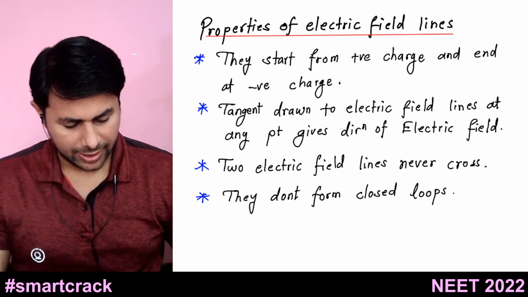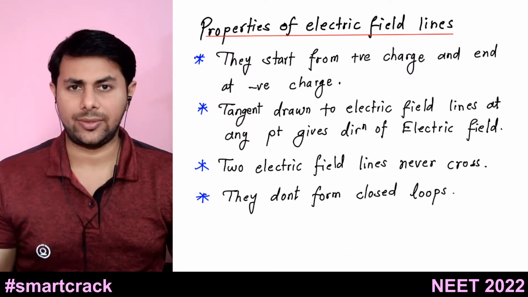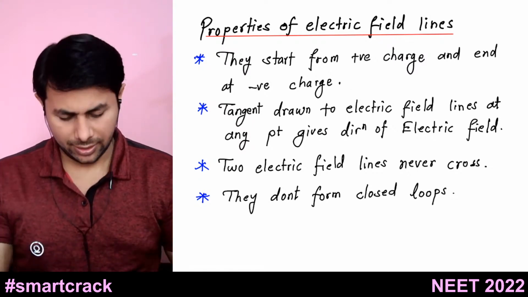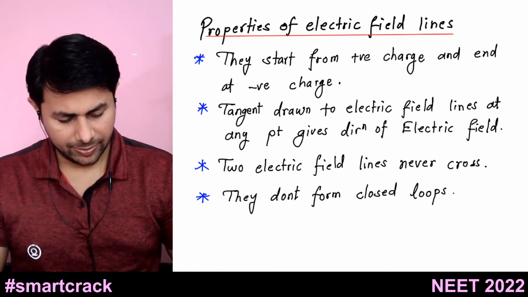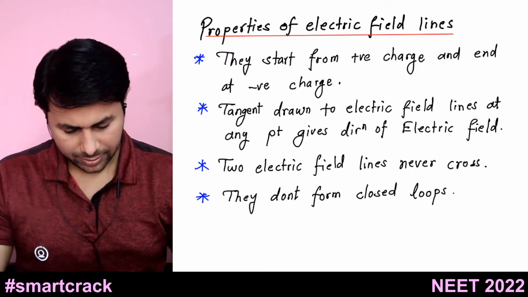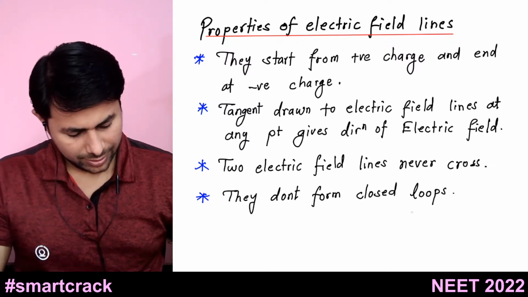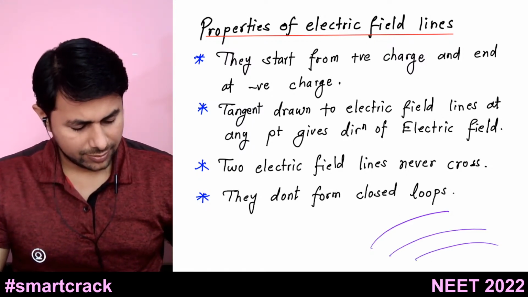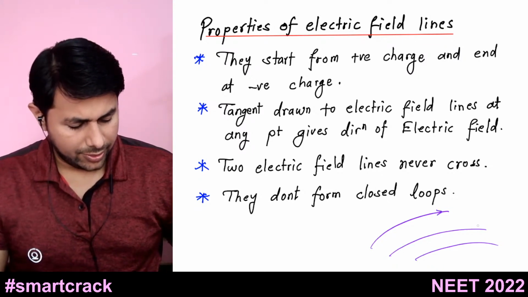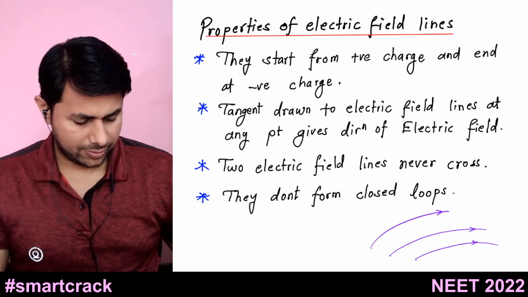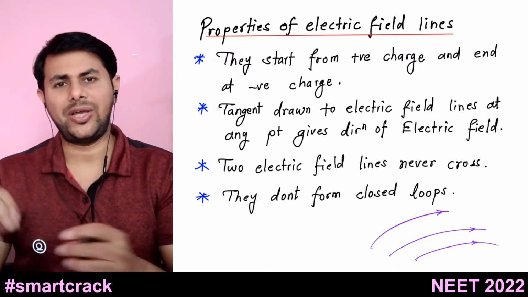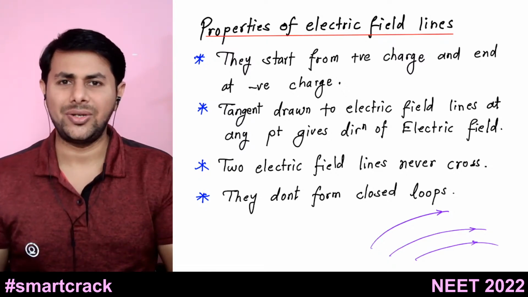Now if you draw a tangent to the electric field lines, they give the direction of electric field at any given point. So let's say you draw some electric field lines like this, and you draw the arrows showing where they are originating and where they are going to.